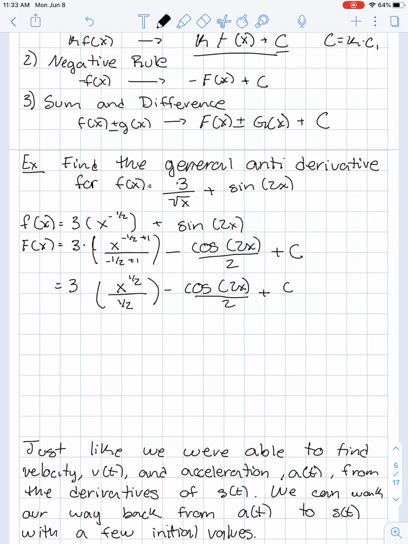And then we need to simplify. This is kind of what I was saying about multiplying by the reciprocal being really useful. Reciprocal just means I flip the fraction upside down. That's how dividing by fractions works. So dividing by 1/2 is going to turn into a multiply by 2. So I'll have 3 times 2 x to the 1/2 minus cosine 2x over 2 plus c. Simplify one more time. I'll make that a 6.